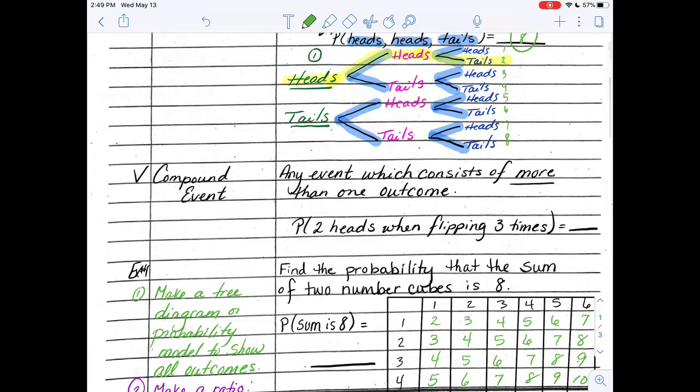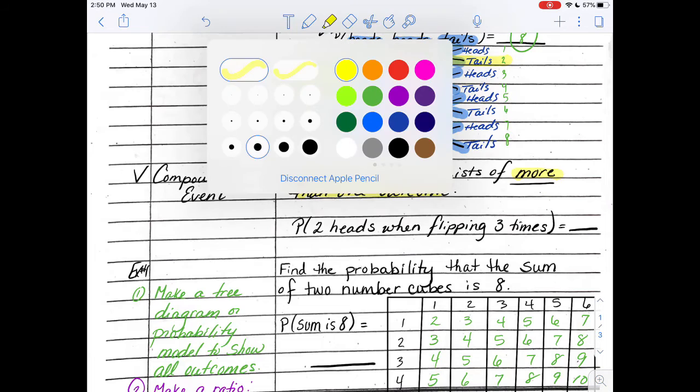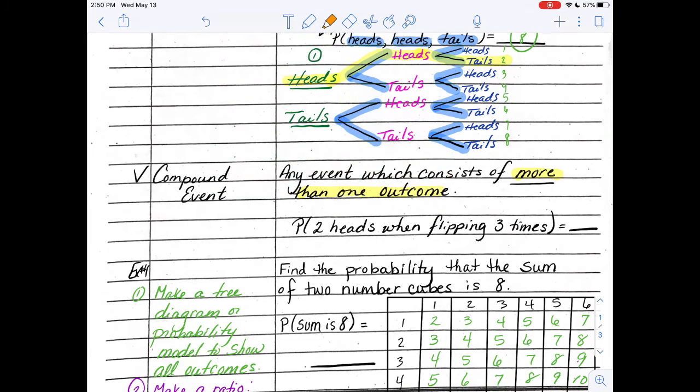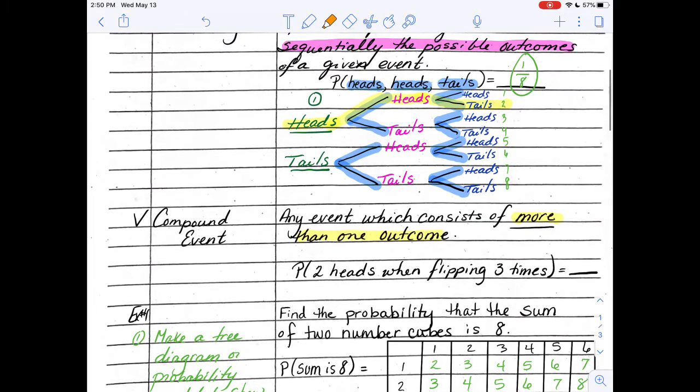A compound event is when I have more than one outcome coming out. So it might be something like, well, what about I want the probability of getting 2 heads when I flip the coin 3 times. Any 2 heads. Doesn't say first and second or first and third. Well, how many of those branches give me heads 2 times, not 3?